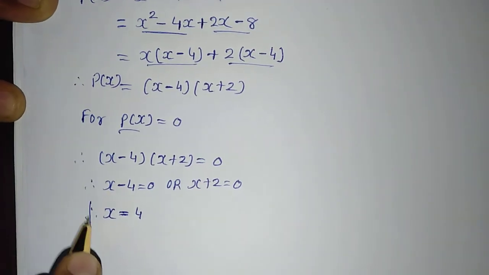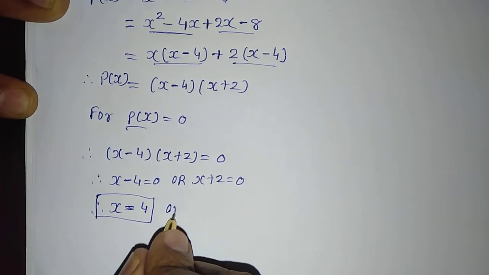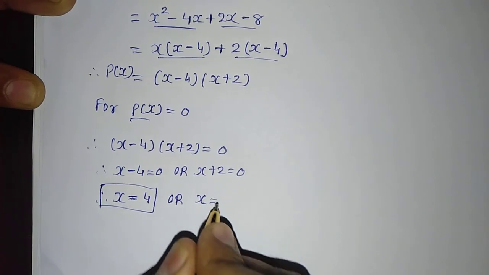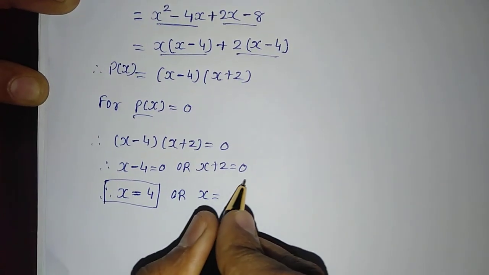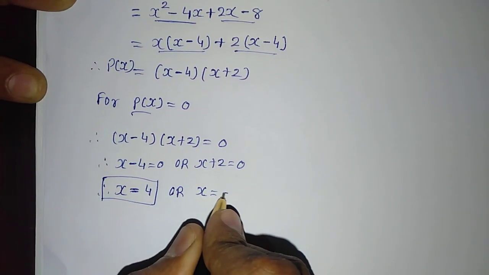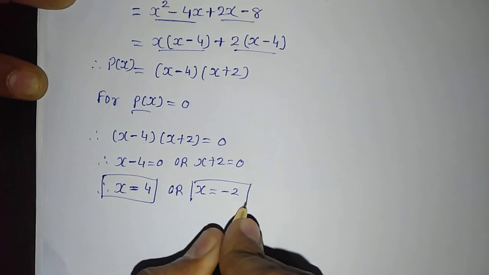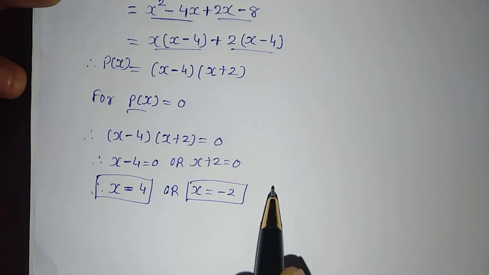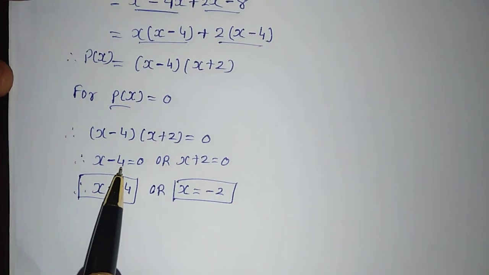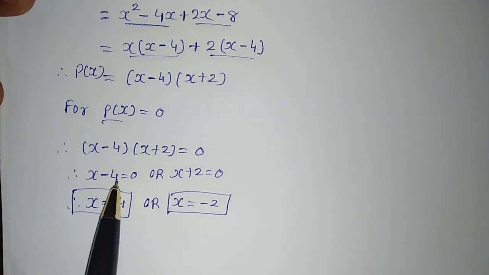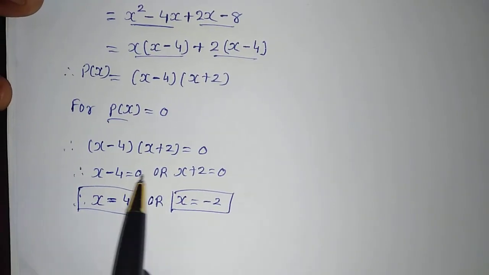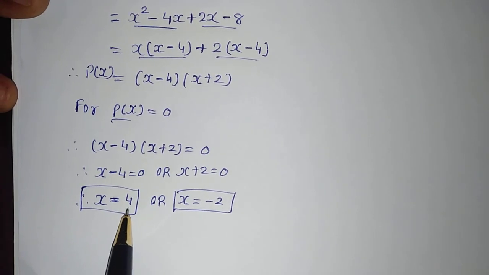So, x is equal to 4, or x is equal to, this plus 2 I will bring to the other side, then it would be equal to minus 2. Normally we say bring it to the other side, but in short what we did here, we have added plus 4 on both the sides, so minus 4 plus 4 will be removed and this side plus 4 will be the answer.